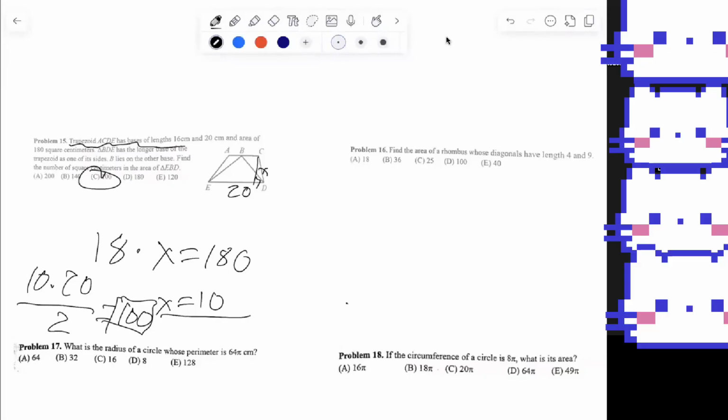So we're gonna do problem 16, and it says find the area of a rhombus whose diagonals have lengths 4 and 9. Well, how do we do this?